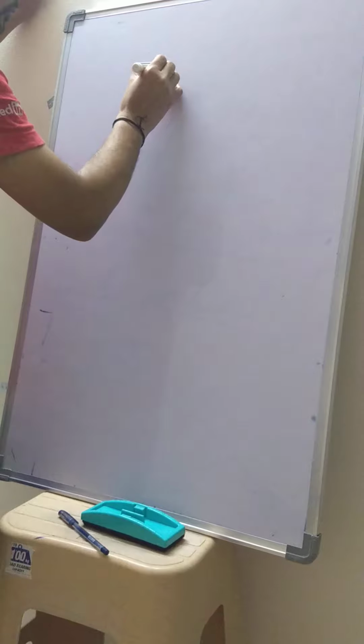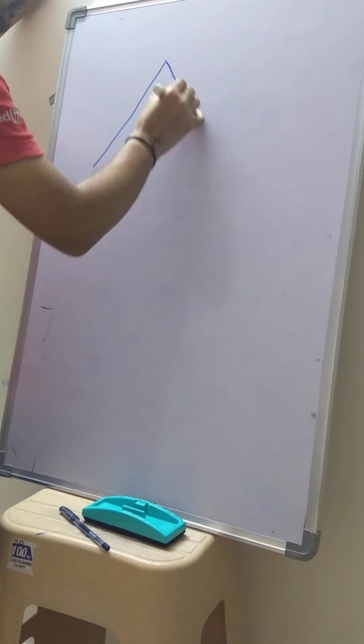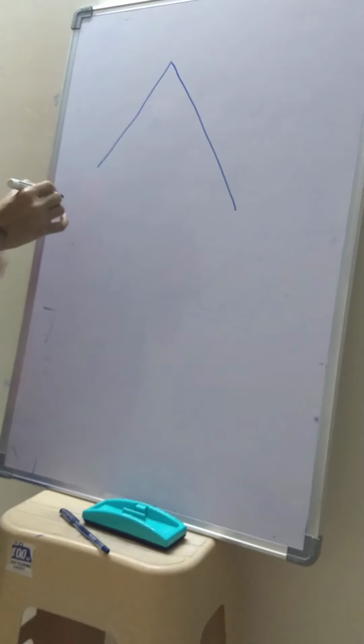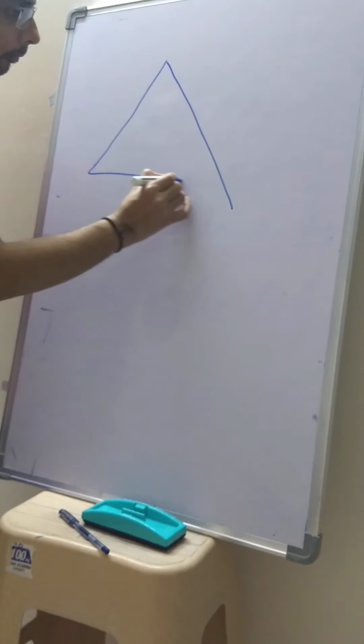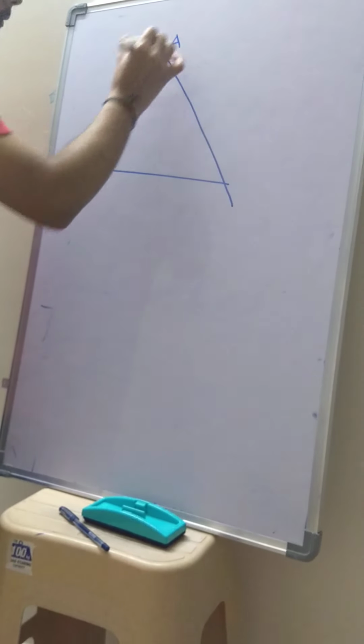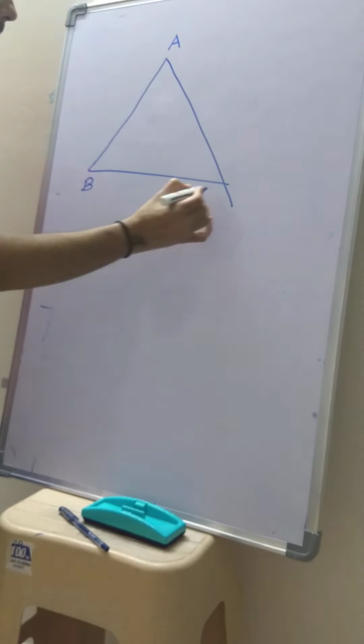So this is your triangle ABC. So what is the orthocenter? Orthocenter is the point at which these altitudes from the vertices to the other side intersect.